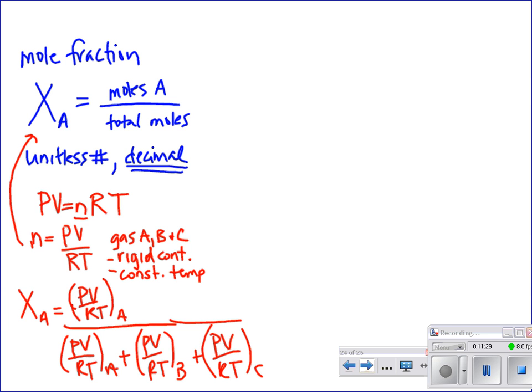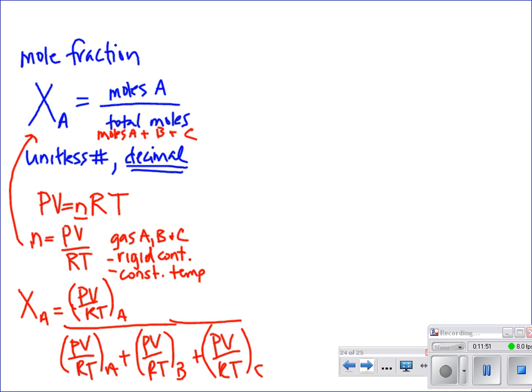I took total moles, like this was really, I should have written moles of A plus B plus C there. And so I took the total moles. Now, keeping in mind our volume is constant and we're at a constant temperature, what happens to all of these? And what is R?